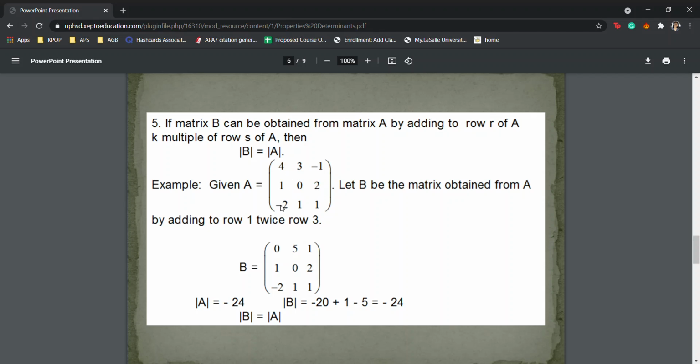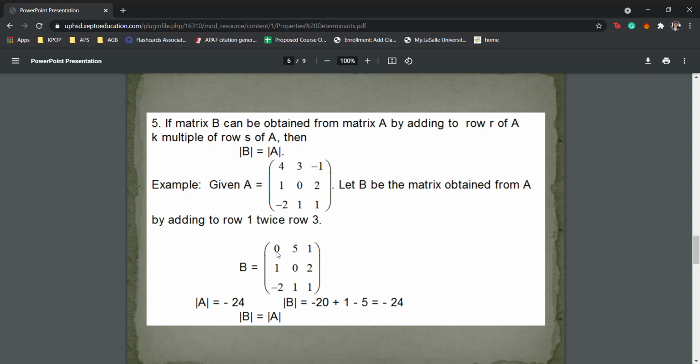What do we get? Negative 2 times -2 is -4 plus 4 is 0. 2 times 1 is 2 plus 3 is 5. 2 times 1 is 2 minus 1 is 1. Then we retain the second and the third rows.